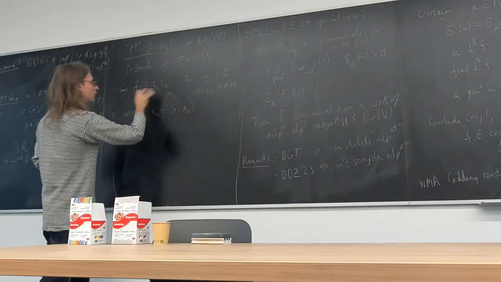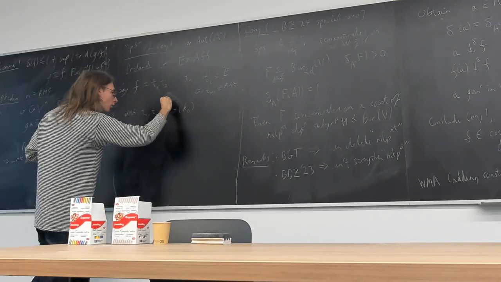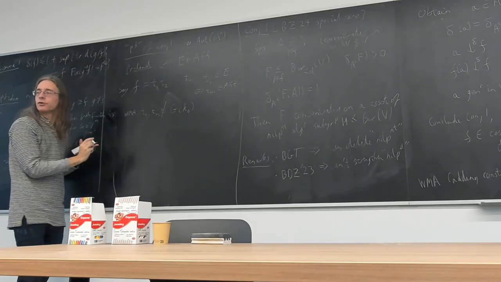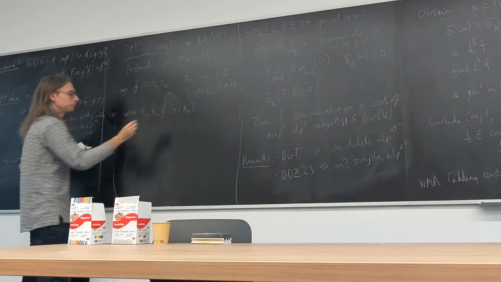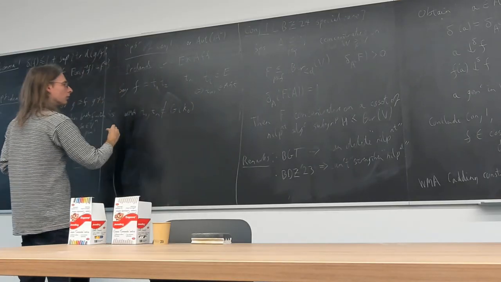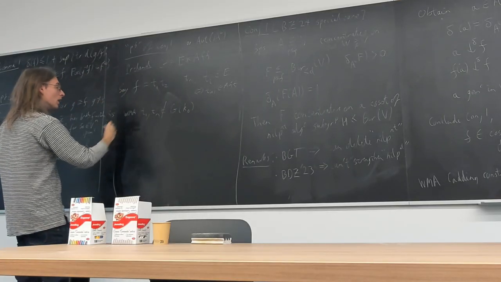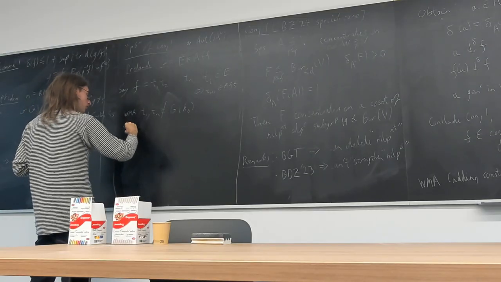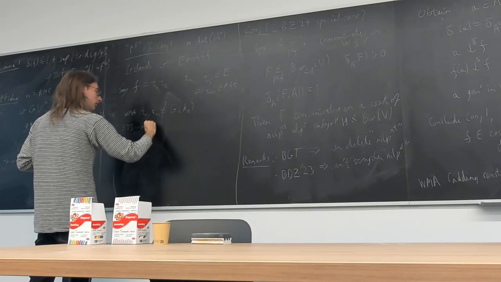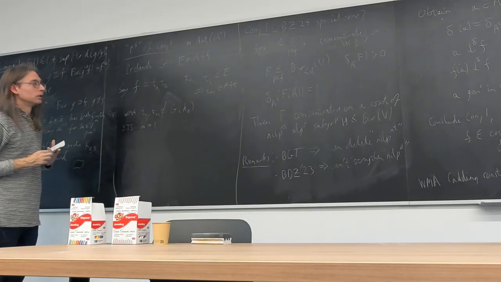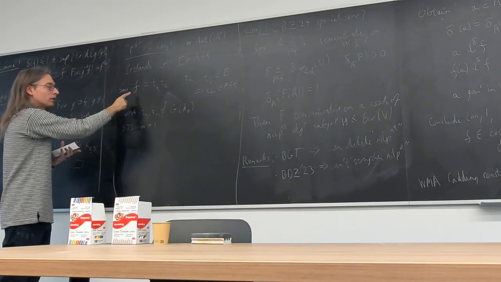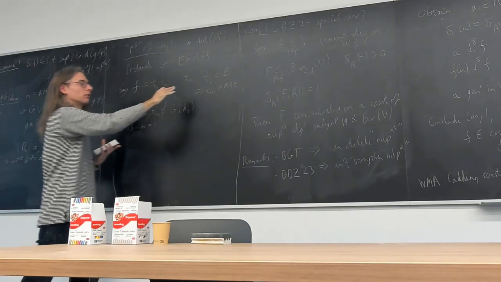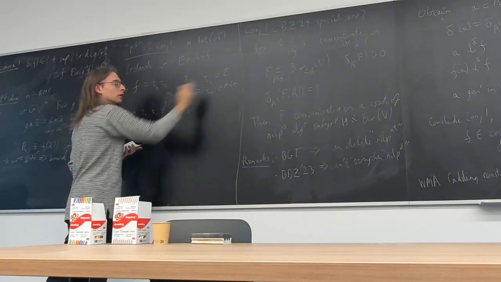So we can assume that these endpoints are not in K0 for the conclusion we want. Now it suffices to show that n is 1, because that means that F is just either an elementary or an affine.